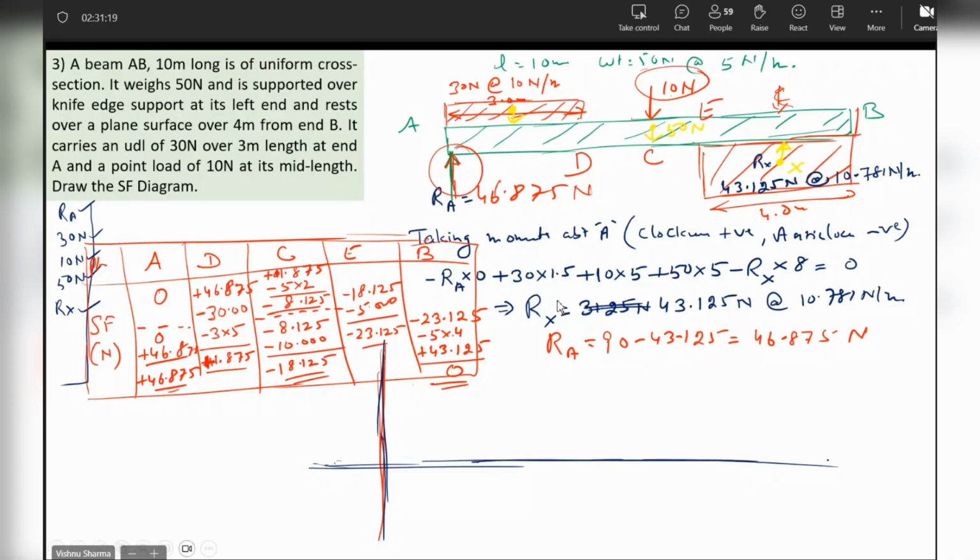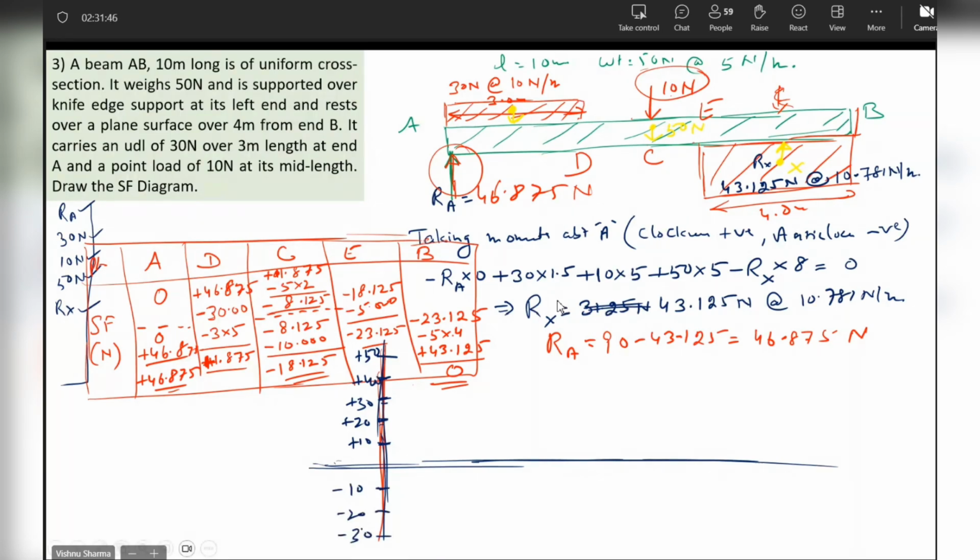I need to go up to plus 50. So if this is plus 50, then this is 10, 20, 30, 40, 50. And minus 10, minus 20, minus 30.